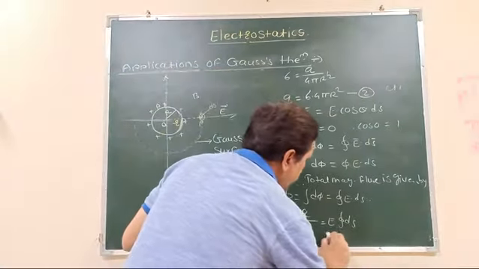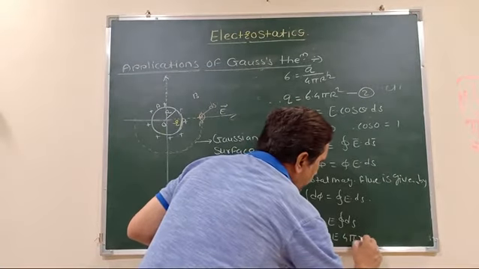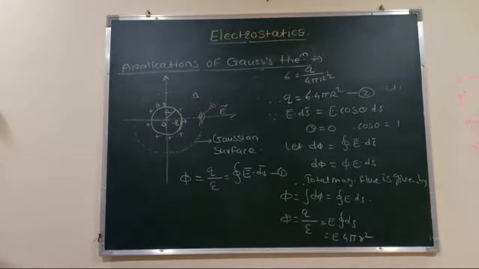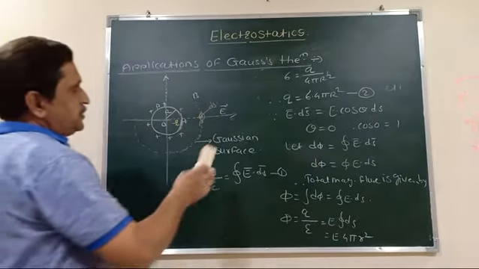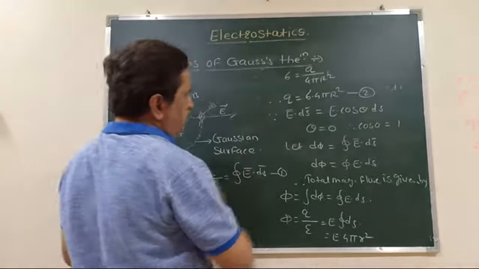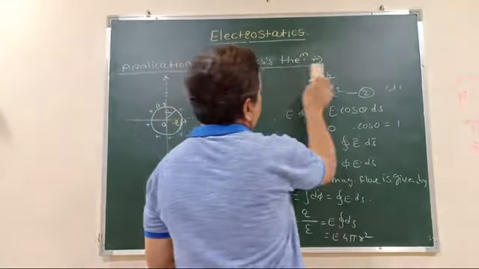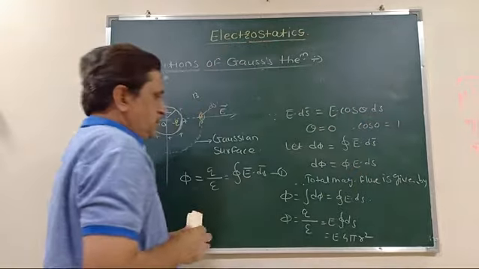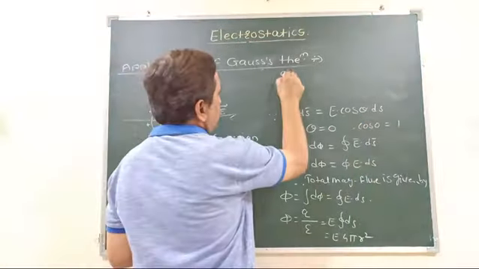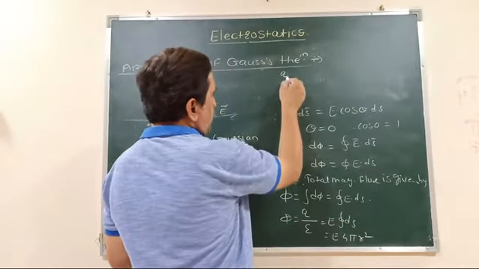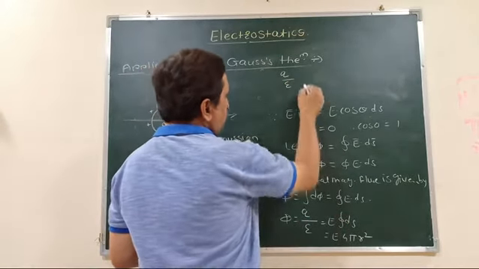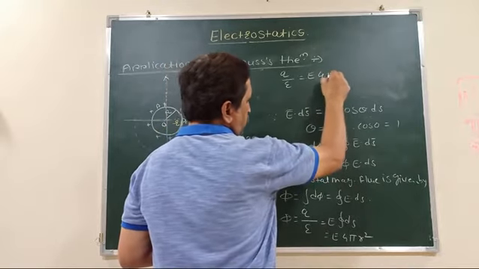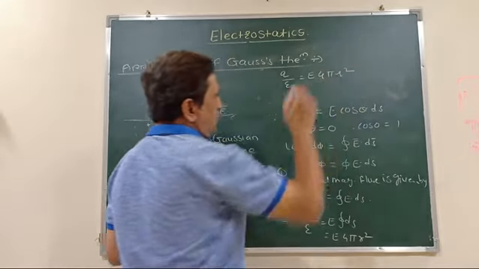Therefore, what can we write? E into 4 pi r square. That means sigma into 4 pi r square, then Q divided by epsilon is equal to E into 4 pi r square.